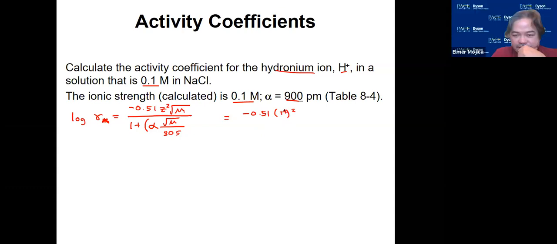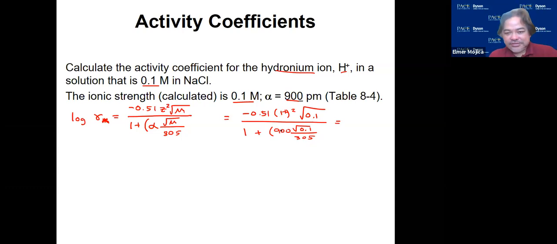And then mu is 0.1, divided by 1 plus 900 times the square root of 0.1 divided by 305. So what's the value that we get here?